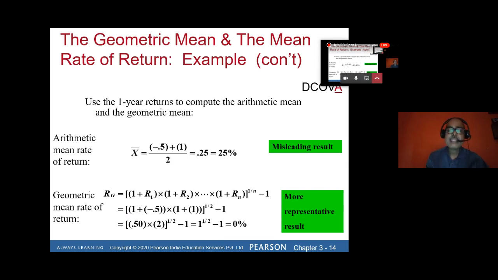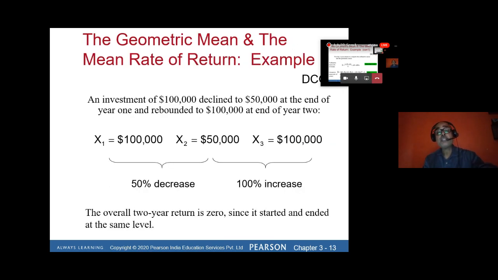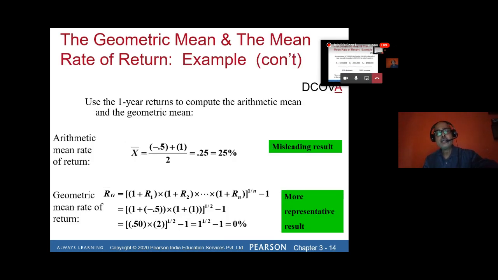If you calculate the mean average, you have to add the first year, minus 0.5 as the return, the decrease, and in the second year plus 1, that is 100% return, and divide by 2, as you know the mean is calculated. So you are getting 25% return. That is absolutely wrong. Practically it is zero. So the only method which helps you in financial calculation is the geometrical mean.